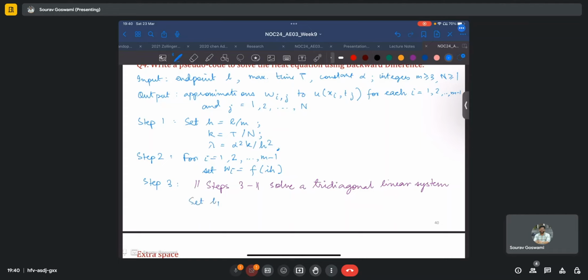So set L1 equals 1 plus 2 lambda, u1 equals minus lambda by L1.